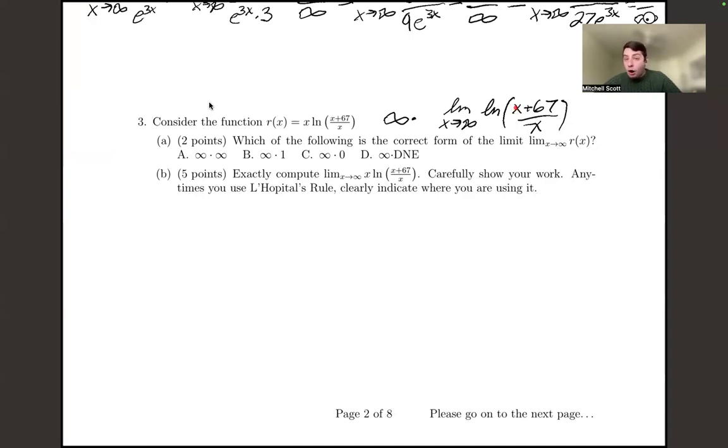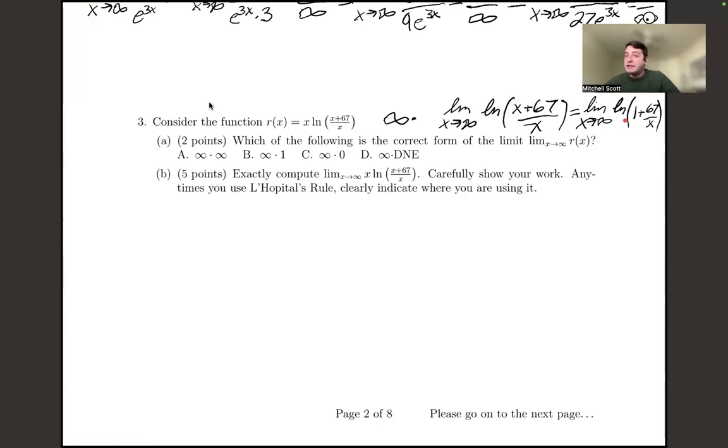Or we could rewrite this as the limit as x goes to infinity of ln of (1 plus 67 over x), right? Because this is a sum on the top, I can take this x and give it to both terms. So I would have x over x plus 67 over x. Well, x over x is 1. And hopefully now this is more apparent what you have to do.